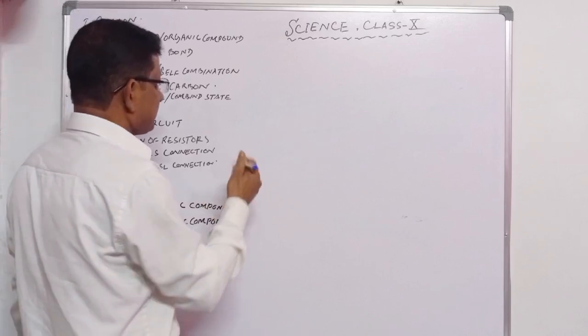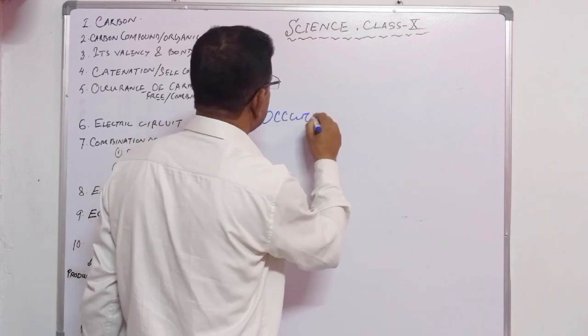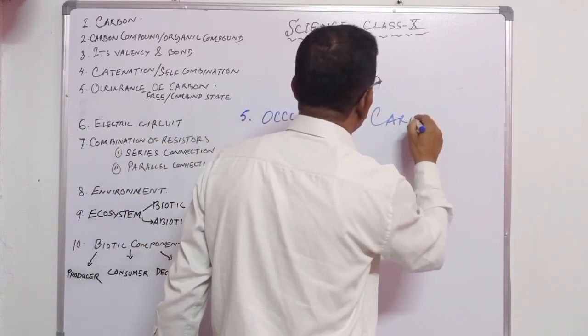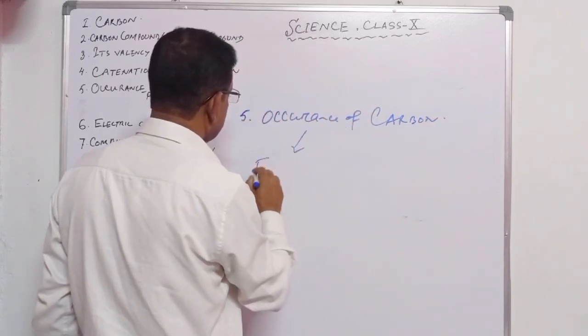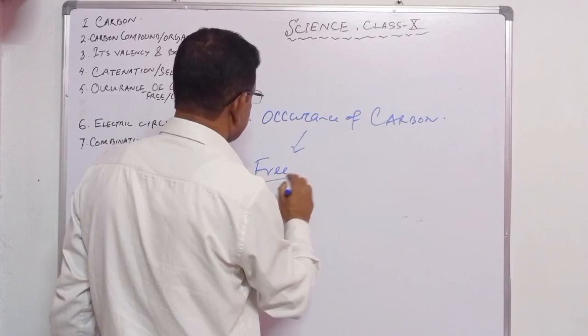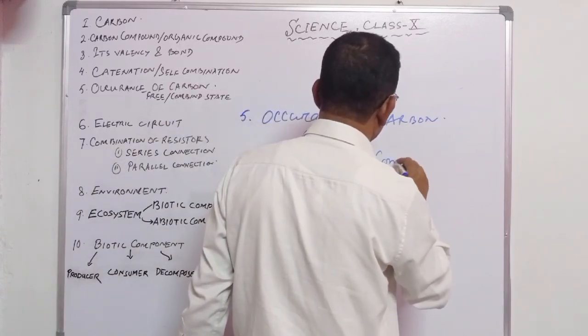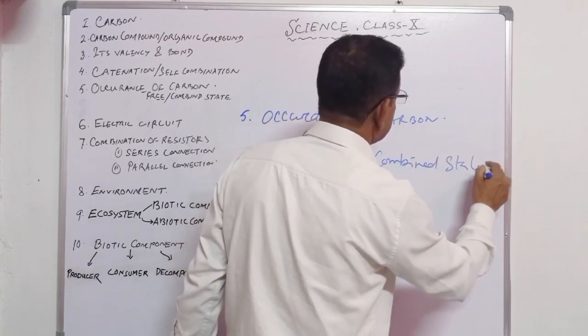Next, occurrence of carbon. How does it occur? It may occur in two states, in free state or in combined state.